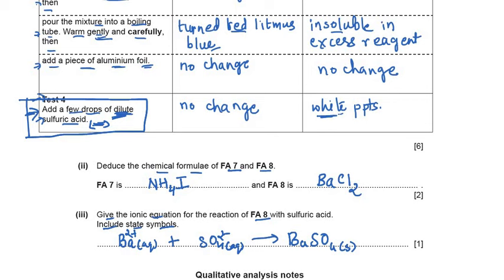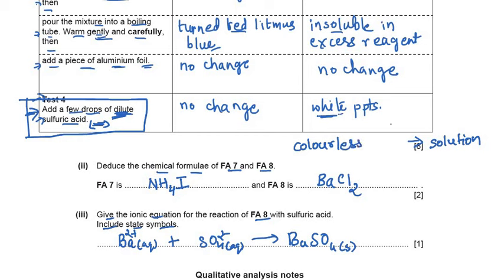So this is how you write the observation. So what are the points to be taken care of? First, write all the observations. If the solution is clear, don't write just the color, write solution, and don't write see-through or any other word. You need to write colorless solution if there is no observation.